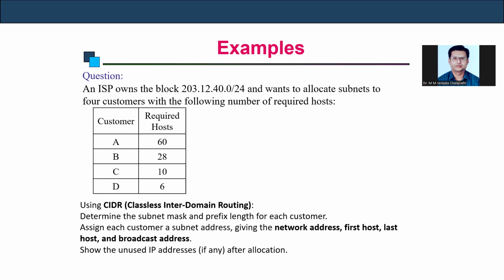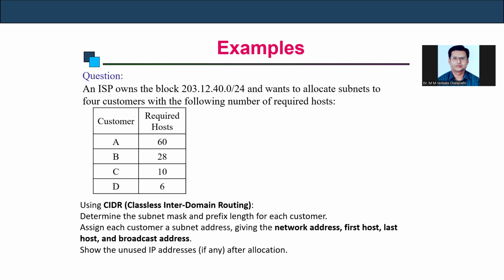So let's try to understand it with an example. The given question is like this. An internet service provider owns a block with an IP address, say 203.12.40.0 with a prefix 24.